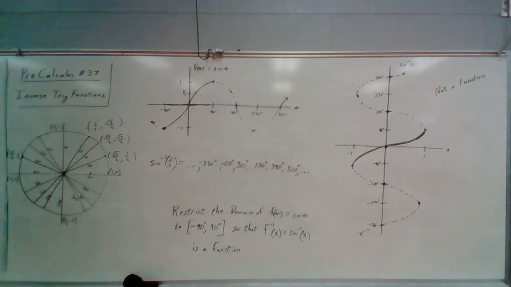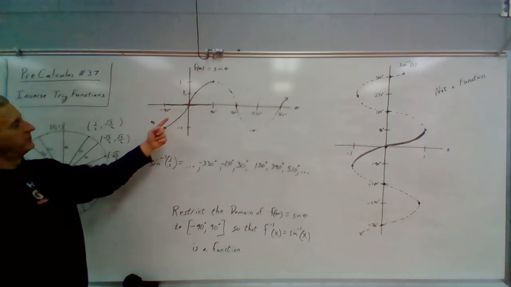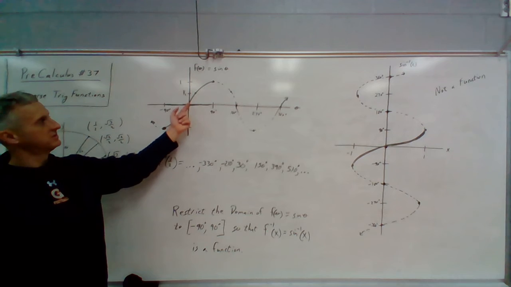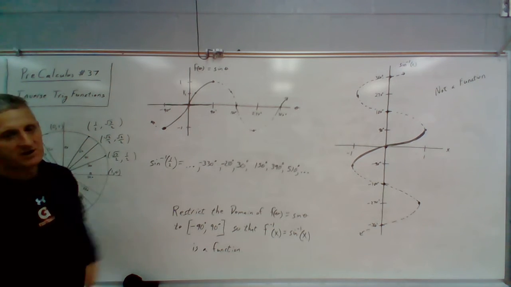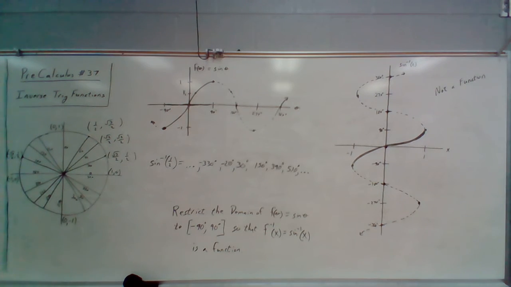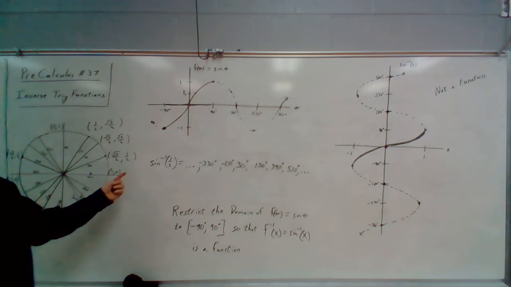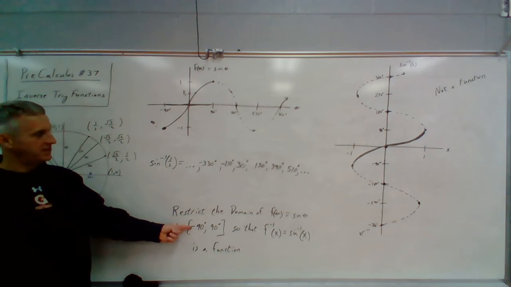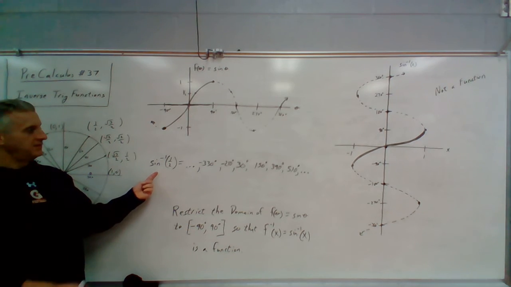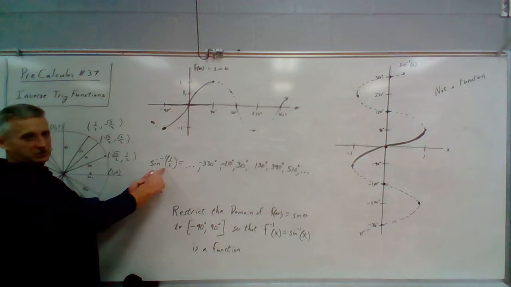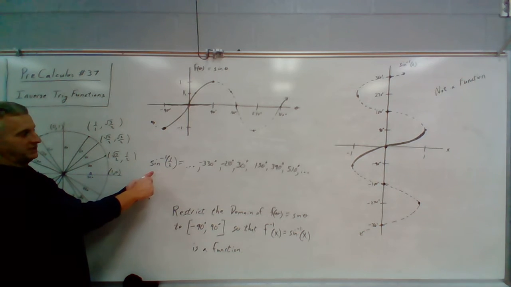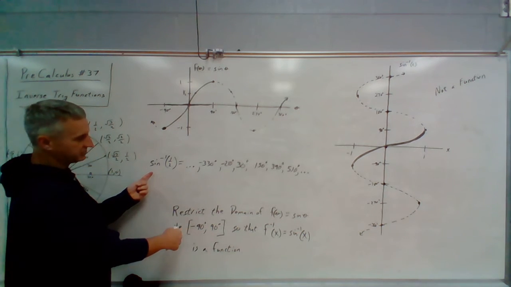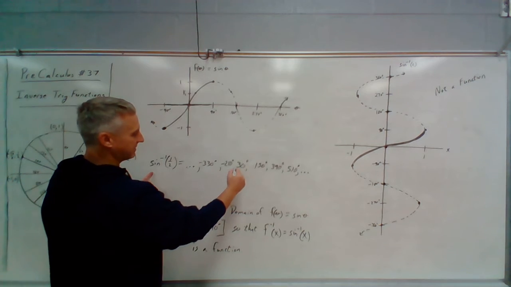So now we've got what we want. If we just use this part of the sine function, its inverse will also be a function, and we're good. All right, so now, since we've restricted the domain of sine to be between negative 90 and 90, there should only be one answer to this question now, and it would be the one that's between negative 90 and 90.